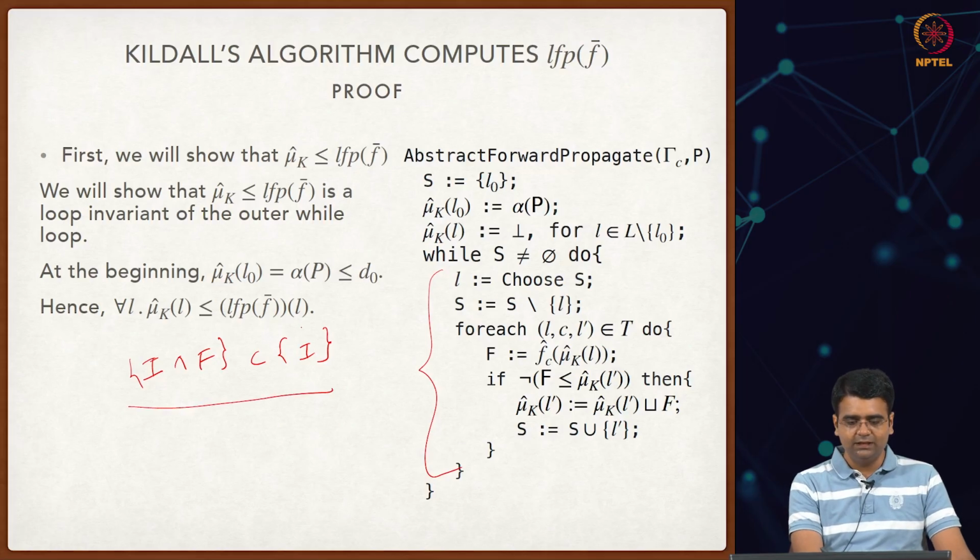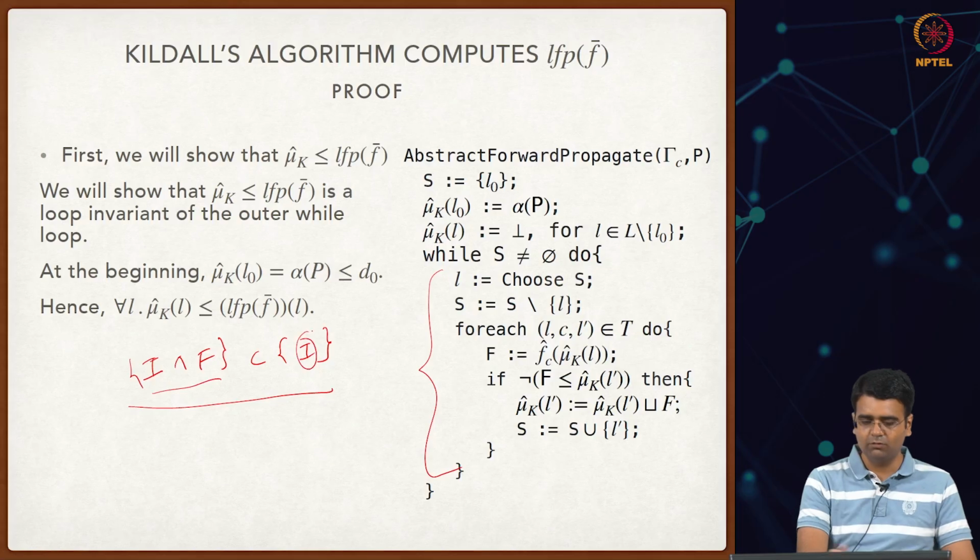Meaning that if you execute the body of the loop in a state which satisfies I and f, then after you execute the body of the loop, I should still hold. This is what we have to show.